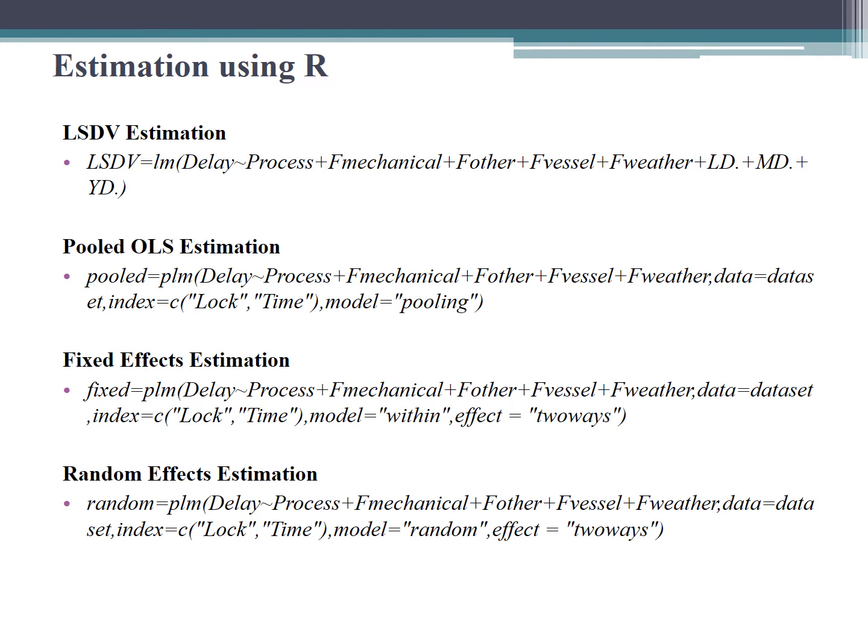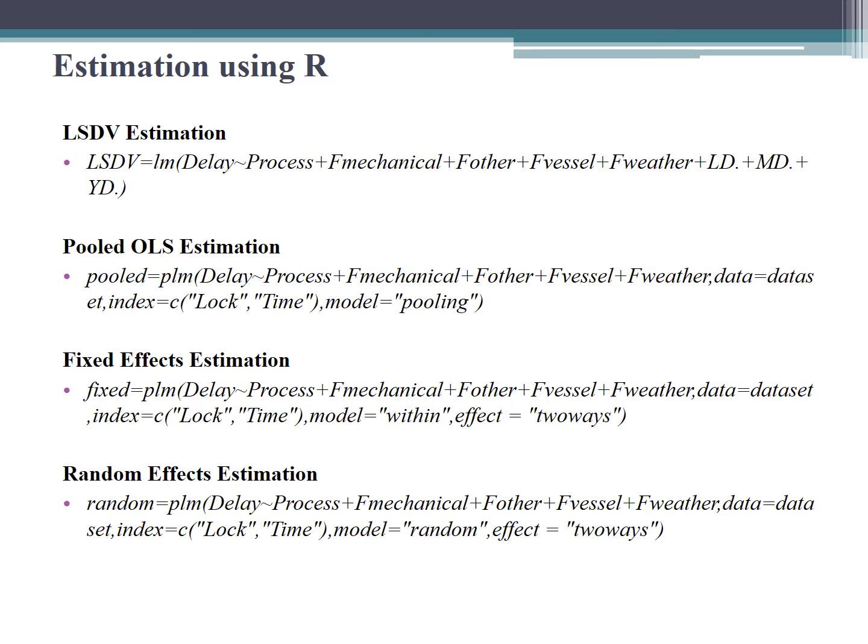We proceed with the estimation using the software R. So we need to estimate all of these four models, like LSDV, pooled OLS, fixed effect, and random effect, to get specification tests that follow to best describe which estimation is appropriate for our data.